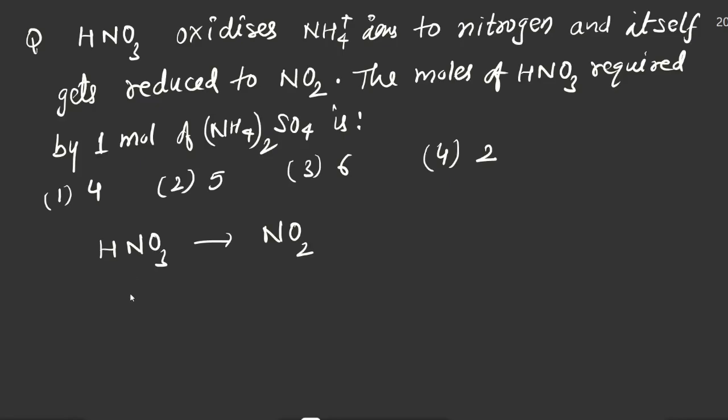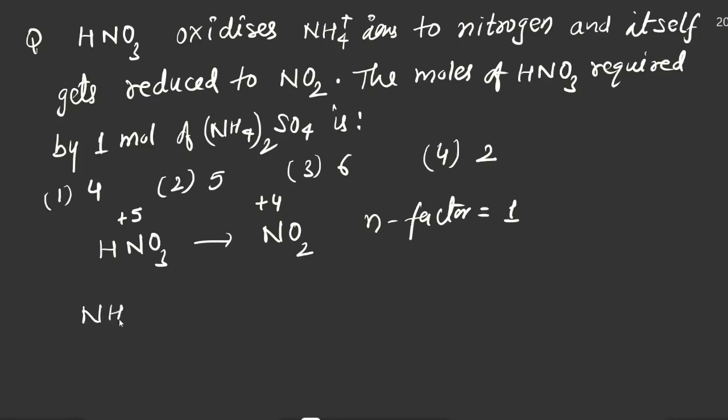The N factor is 6 for NH4 plus to N2. It is plus 5 to plus 4, so for HNO3 the N factor is 1.